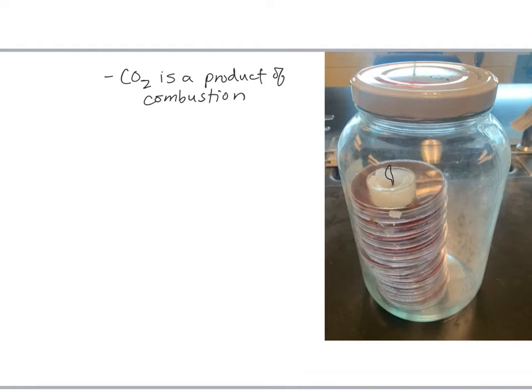Okay, so in the maybe 20 or 30 seconds that flame is burning, it's putting out some CO2, and so our streps, who are kind of picky about growing sometimes, are more likely to grow. Okay, so we always, if possible, are going to incubate our streps in a high CO2 environment, again, in a candle jar.